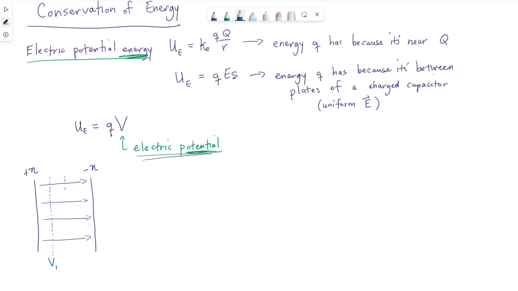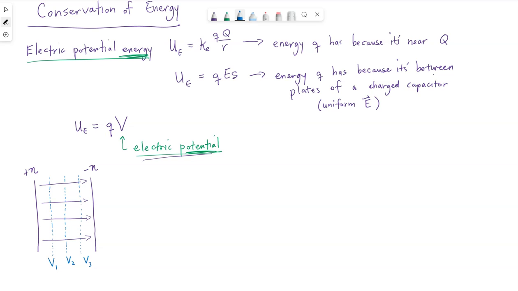This potential V2, I'm only drawing 3 potential surfaces, but essentially the potential varies linearly as we move from the positive plate to the negative plate.